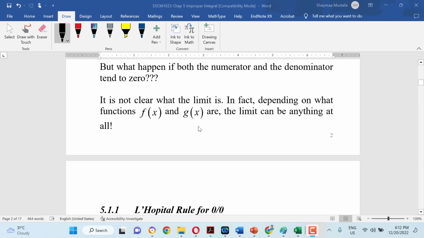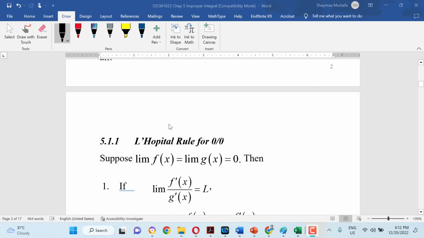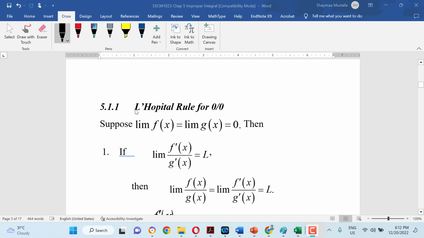Okay, so what will happen if when I substitute, I have 0 over 0 or infinity over infinity? Then in this case, I will apply L'Hôpital's rule. The rule indicates that if the result of the substitution is 0 over 0 or infinity over infinity, you have to evaluate the derivative of the function f and the derivative of the function g.